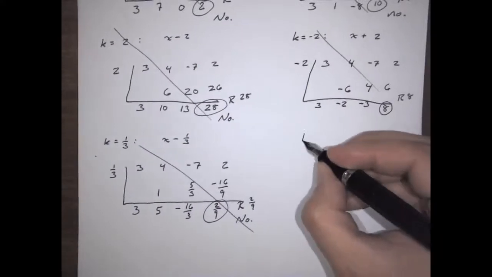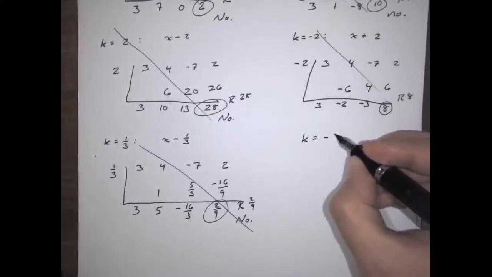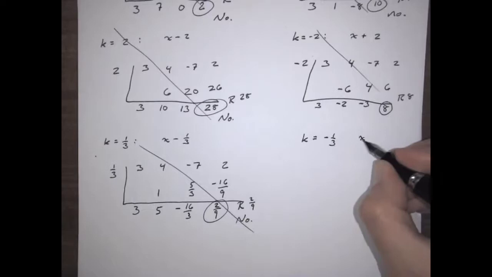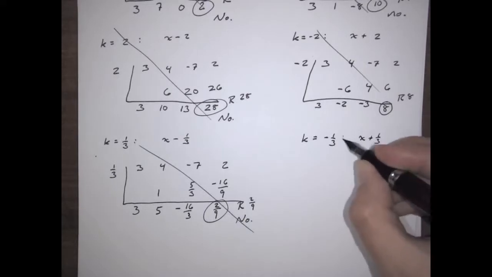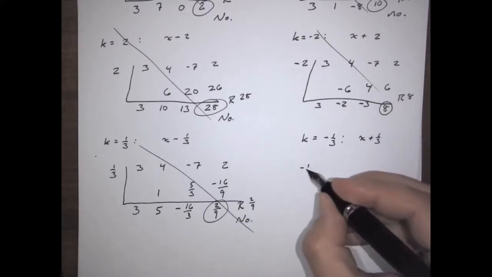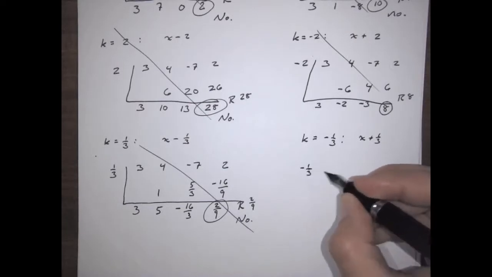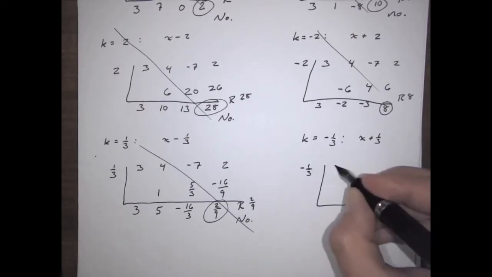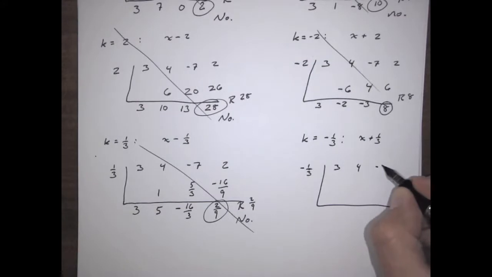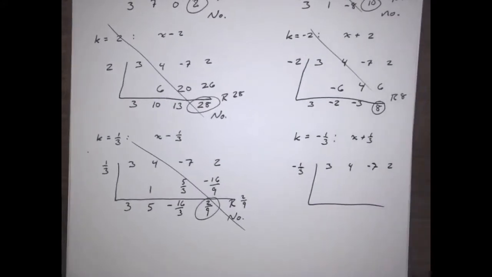Alright, well, what about if k equals -1/3, which would mean a factor of x plus 1/3? Well, here we go. -1/3 going into 3, 4, -7, 2. Good. A lot of good synthetic division practice here.